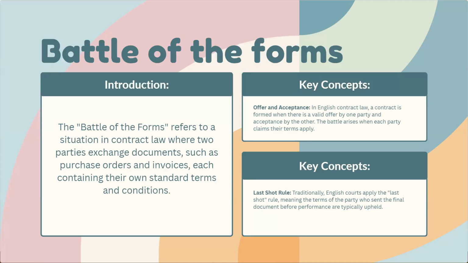When we exchange standard terms, conditions, and forms with the other party, you can issue a request for quotation, then you receive a quotation, and then you can issue a purchase order. That kind of communication can create a situation known as battle of the forms.